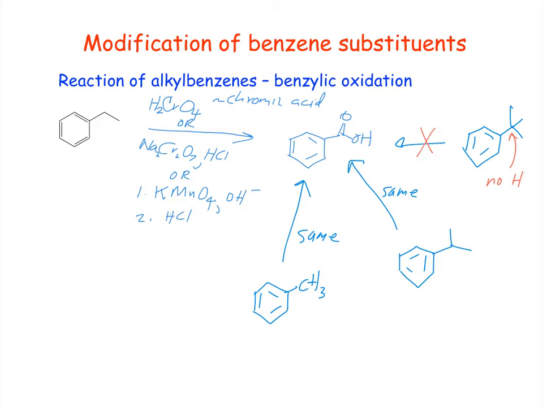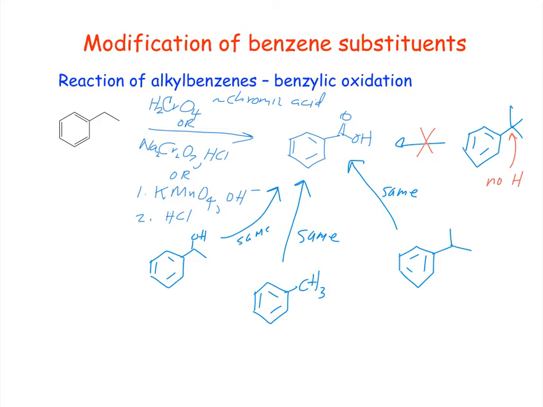In fact, if you had this alcohol, which we made on the last slide, and used these same conditions, it would also oxidize up to benzoic acid. We'd lose one carbon.